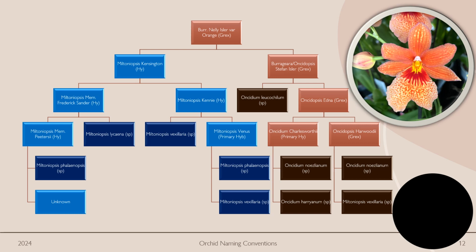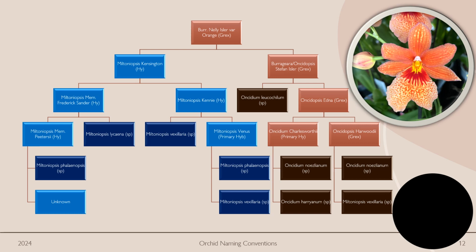It's a nothogenus called Burrageara, or Oncidopsis is the other name for that. And this one is called Nelly Isler, and it's a variety which is orange. So this is an orange selection taken from a cross which has been named and listed with the RHS, called Nelly Isler.